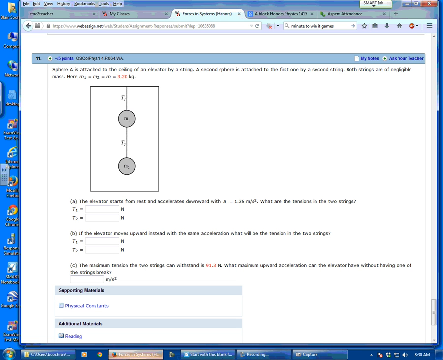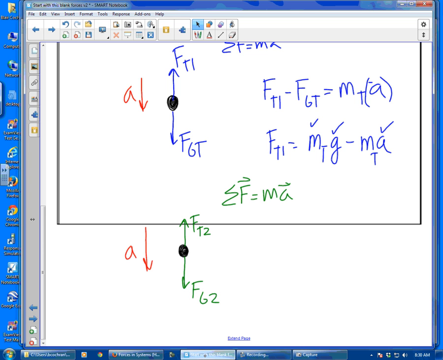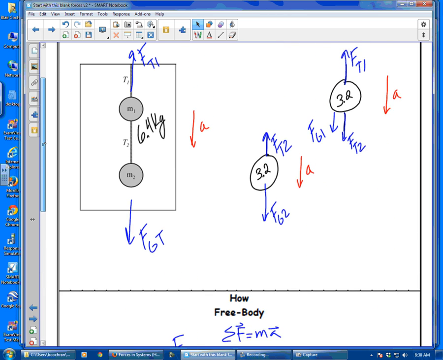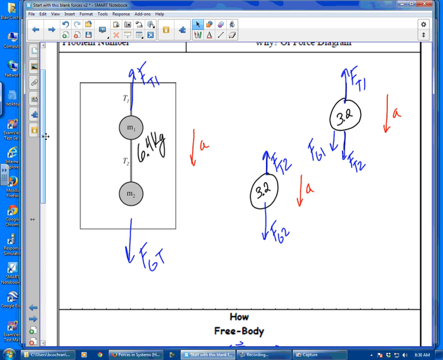Then for the last part, the maximum tension of the two strings to withstand is this. What maximum upward acceleration can the elevator have without having one of the strings break? So, looking back to our force diagrams, which string do you predict is going to be under a greater force? The FT, the one at the very top, or the one in between them? The top one.